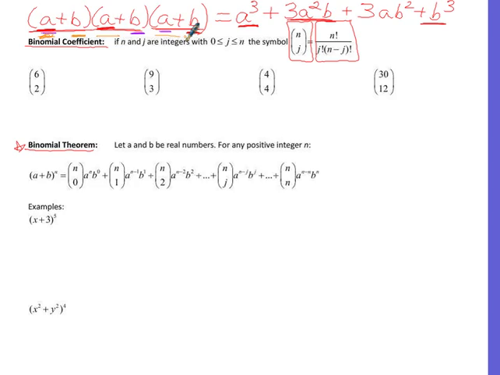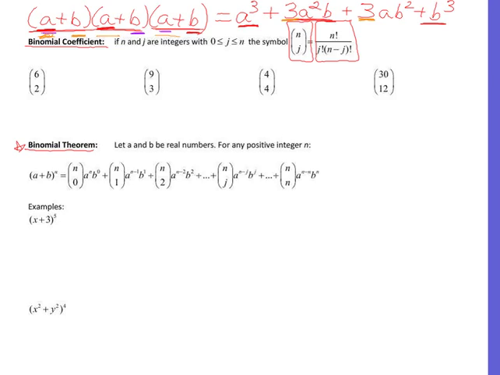And so there are three ways when you're combining through multiplication that is going to happen when you multiply it out the long way. And so if you think of the three as actually a combination, when you do binomial expansions, the main idea is the coefficient of each term is really just a combinations problem.